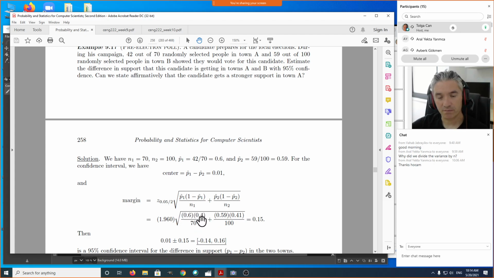So the standard deviation is going to get smaller and smaller. It gets smaller with square root of n. It means that if you get more samples, you're going to have lower variance. So it's also intuitive why we divide by square root of n. So this entire thing is the standard error of the difference between P1 hat and P2 hat.